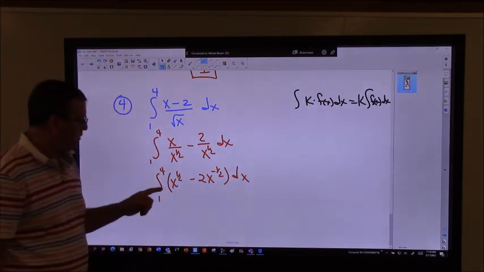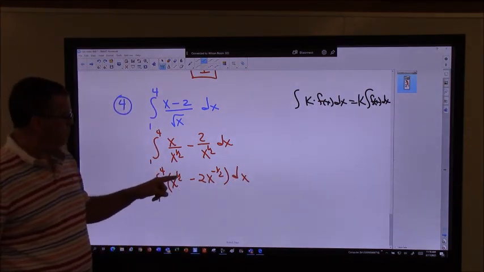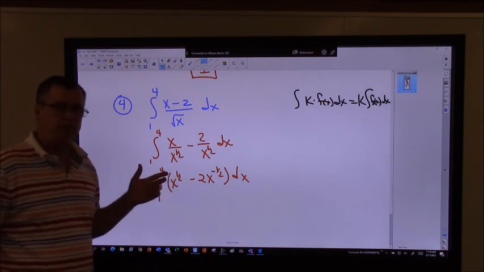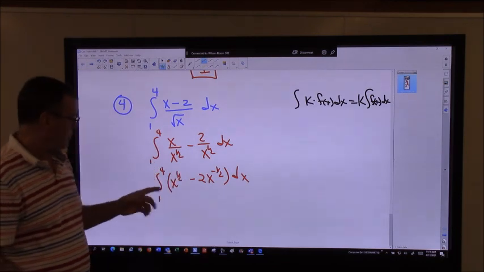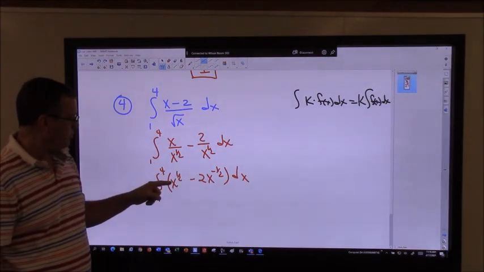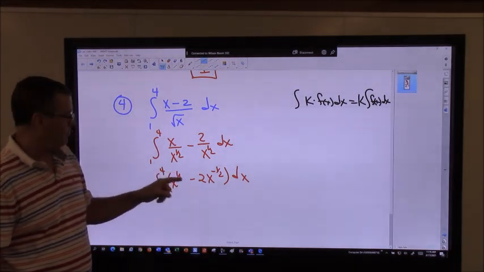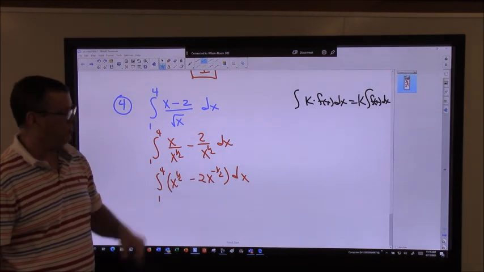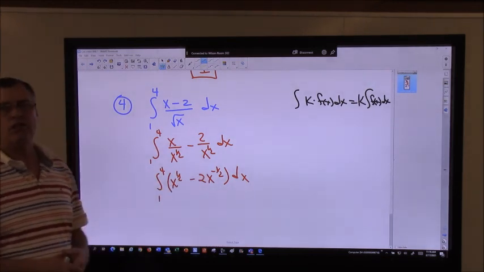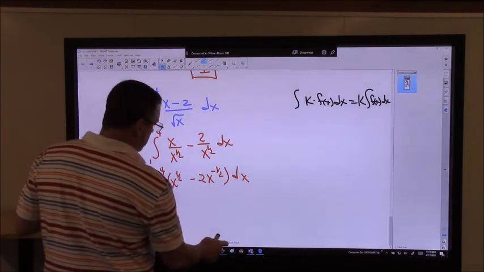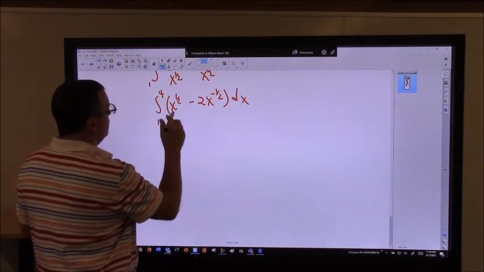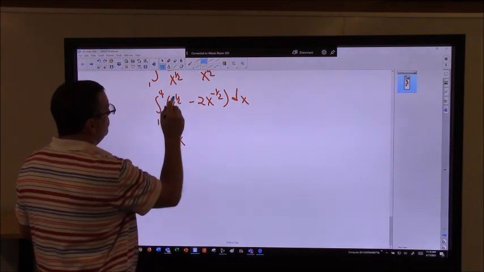See, I have to get this to the point where I have a variable raised to an exponent. I don't care if the exponent's positive or negative, decimal, fraction, whatever, but it's got to be a variable raised to an exponent, or a number times a variable raised to an exponent. Then I can do the integral. Okay? So I want to add 1 to the exponent and divide by the new exponent. So that means this will become x to the 3/2.